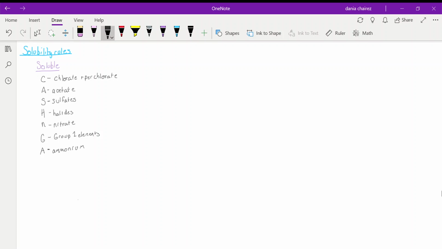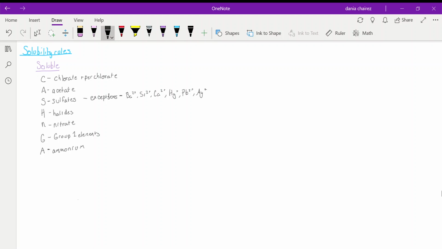So all of these are soluble in water, except for sulfates. They have exceptions where, if you add them, they will become insoluble, and that is with barium, strontium, calcium, mercury, lead, and silver.